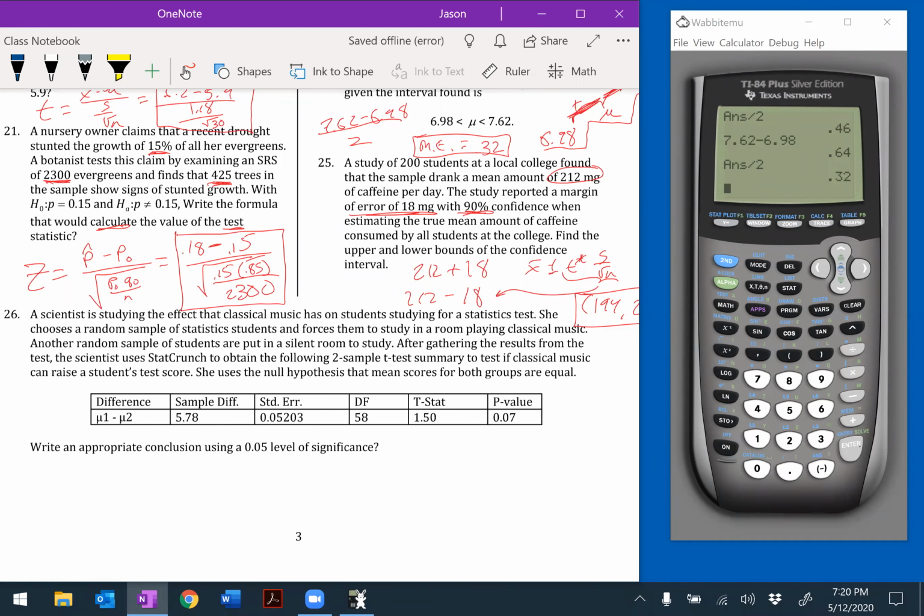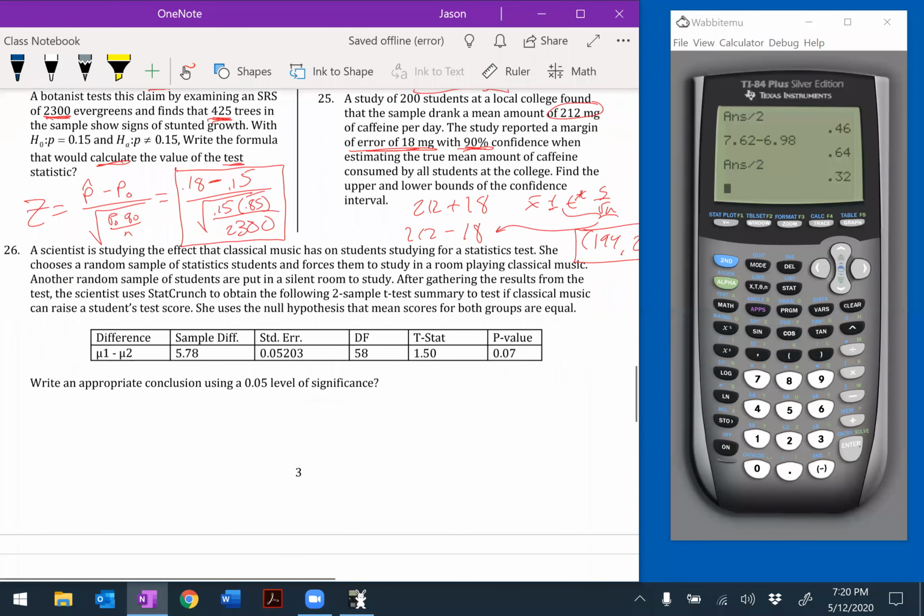After gathering results from the test, the scientist uses StatCrunch to obtain the following two sample t-test summary, to test if classical music can raise students' test scores. She uses the null hypothesis that mean scores for both groups are equal. So the difference is mu1 minus mu2. An appropriate conclusion.